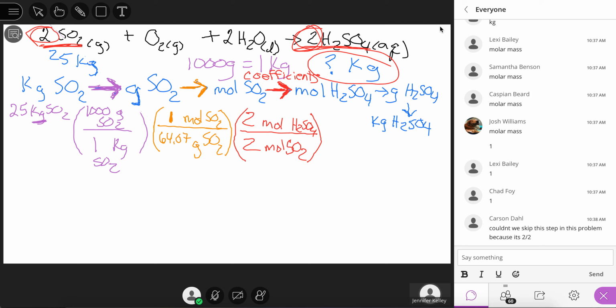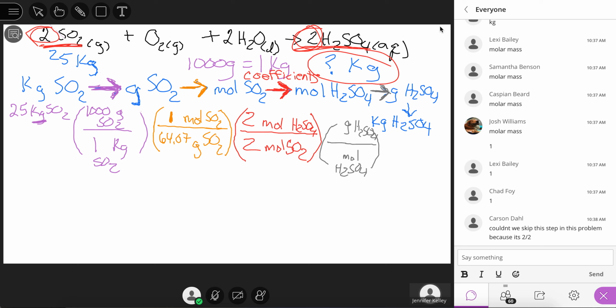All right, so now let's do gray for this step. So we're going to go moles to grams. So that's going to be molar mass again. I'm going to shift it down a little bit because I got my kilogram in the way there. And so it's going to be moles H2SO4 to grams H2SO4.